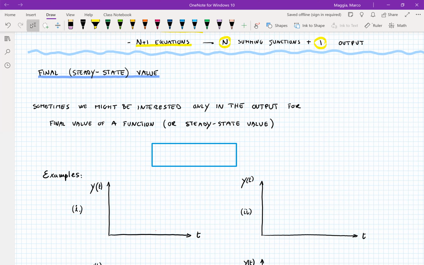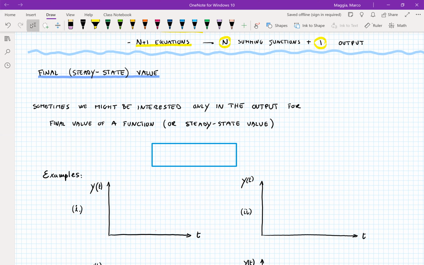Why is it important? Well, sometimes more than the evolution with respect to time of the output, we might just be interested in its final value. So it's important that we know how to compute the final value of a function.